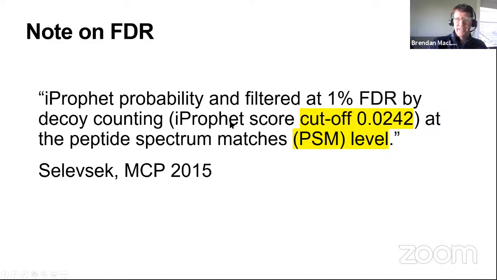What that means is, the iProphet probability is a posterior error probability. So any spectrum that I take with a 0.02 score, iProphet is saying 98 out of 100 of those are going to be false.